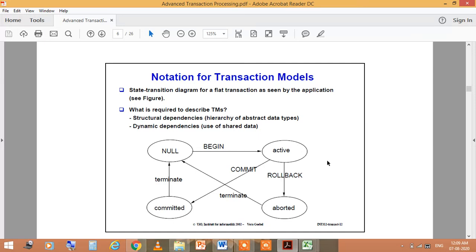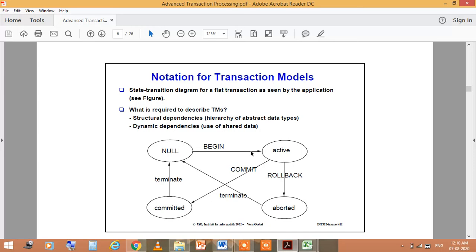So start is from the null. After null, if the process is in the active state, then it is the running state, meaning it is going to do its task or perform its actions. For this you need to be in the state of begin. If you come in the active state, then there is a chance that you can roll back to the previous node.